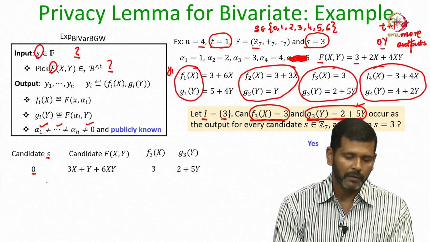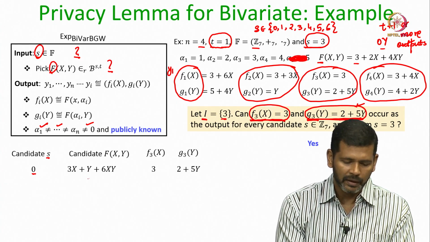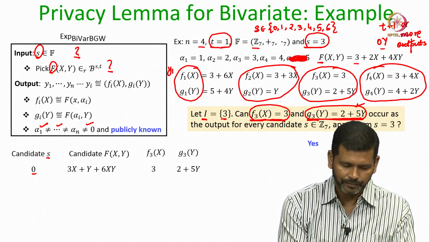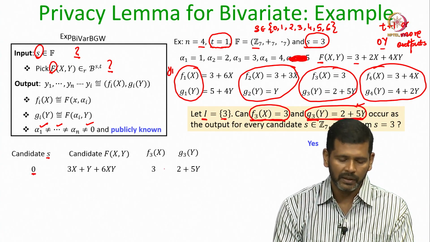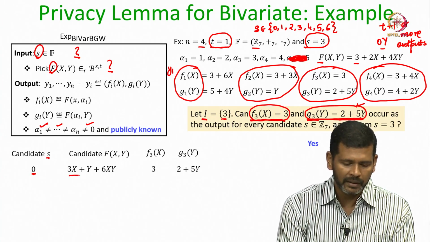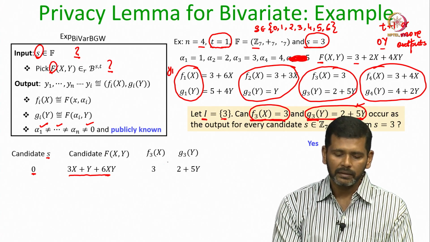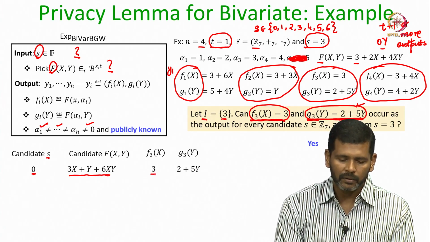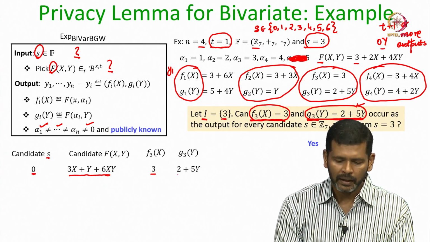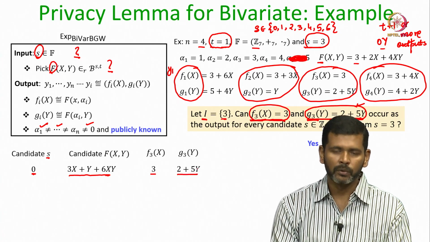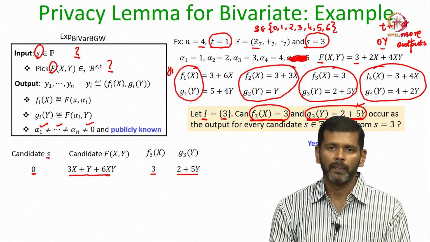It is quite possible, because if I had run the experiment with input 0, and if I would have selected this bivariate polynomial, then it would have resulted in the third row polynomial being 3 and the third column polynomial being 2 plus 5y respectively.